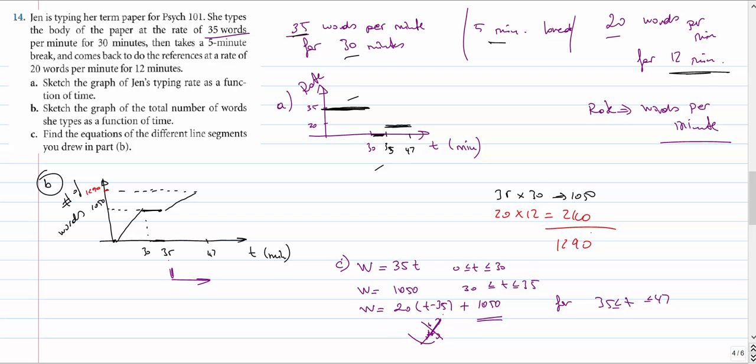Then any time greater than 35 minutes, let's say 36, for example, if t is 36, t minus 35 is 1 minute times 20 plus 1050 is 1070 words. So this equation represents this line after 35 minutes.